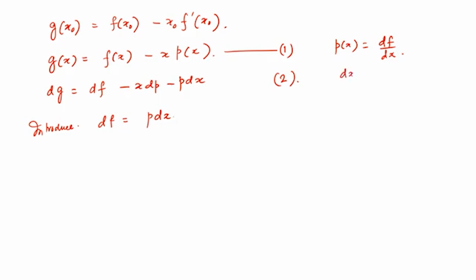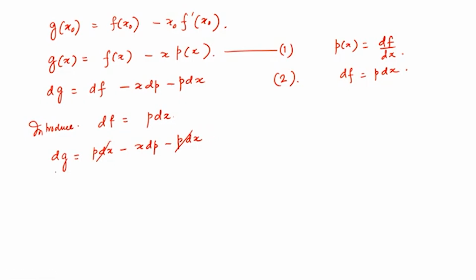So, we can write this as dg equal to p dx minus x dp minus p dx. Clearly, this cancels out. So, dg equal to minus x dp.